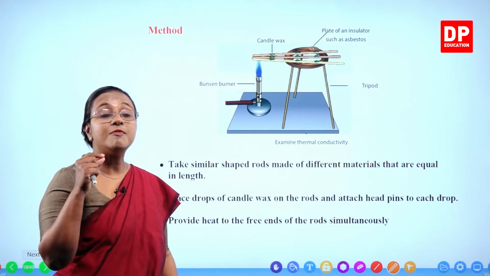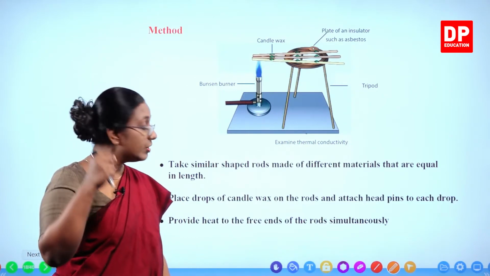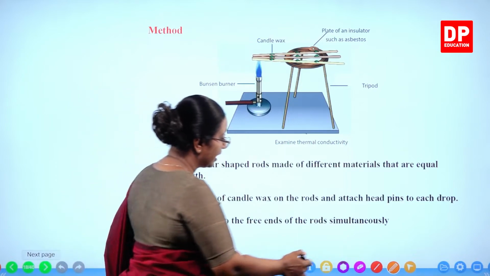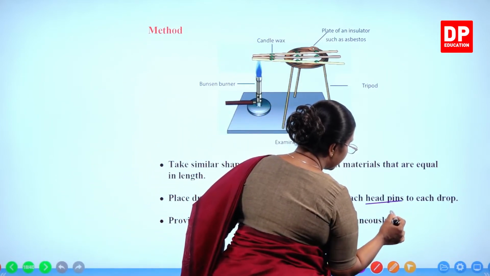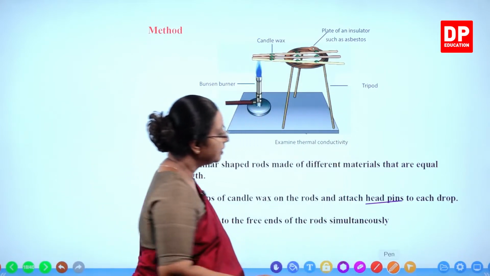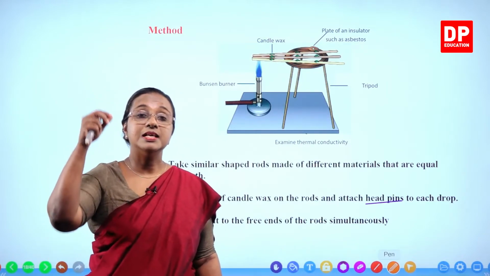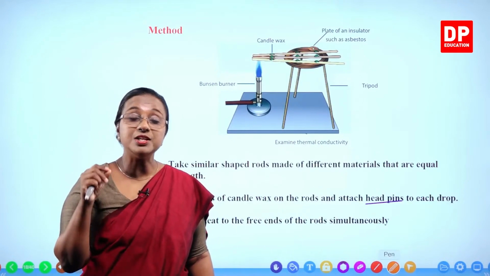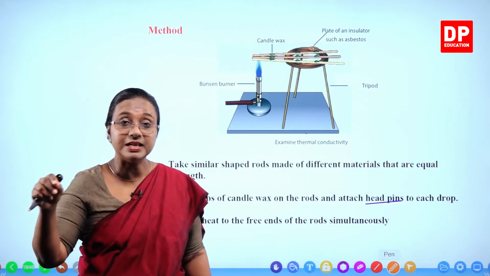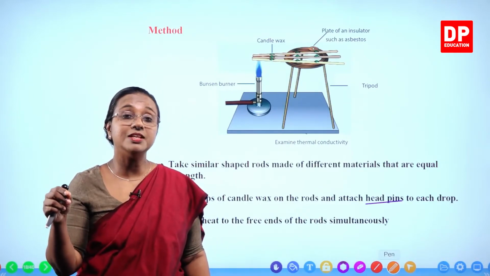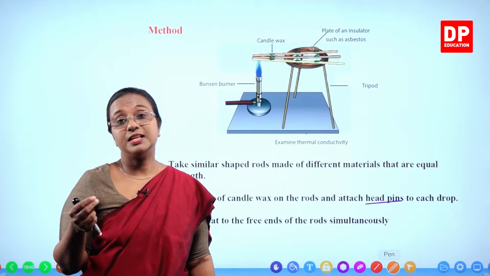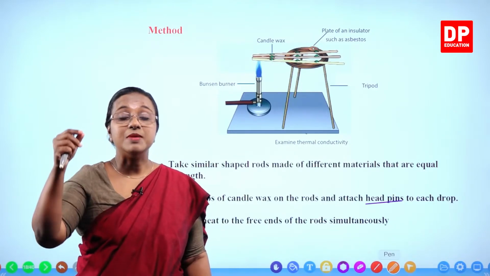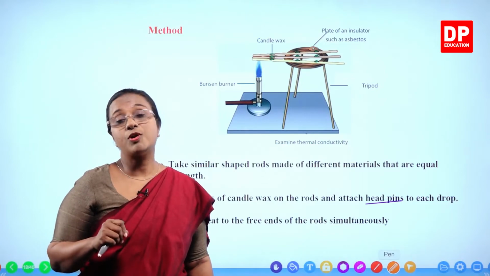So when the wax melts, if you attach a head pin, as mentioned here, then of course what will happen? The head pins will fall down quickly. So from that you can see heat is being conducted. There is thermal conductivity. Because of the conducted heat, wax melts, and because of that the head pin falls down.